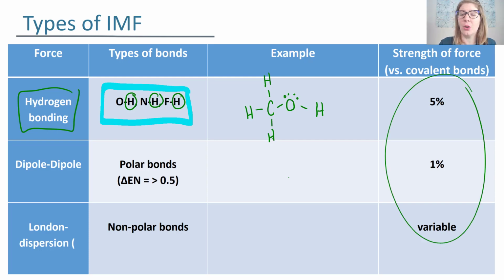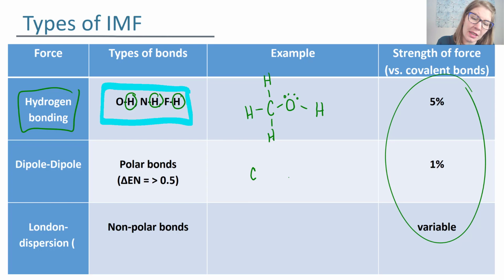So hydrogen bonding is the strongest of the intermolecular forces. I'm ranking those intermolecular forces in comparison to covalent bonds, whereas dipole-dipole forces are the second strongest. Dipole-dipole forces exist between molecules, where the molecule has a polar bond but lacks an OH, NH, or FH.